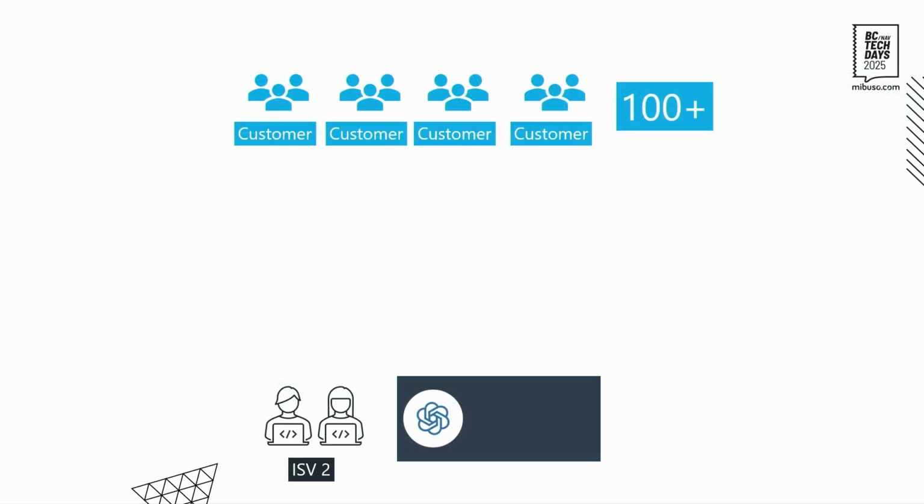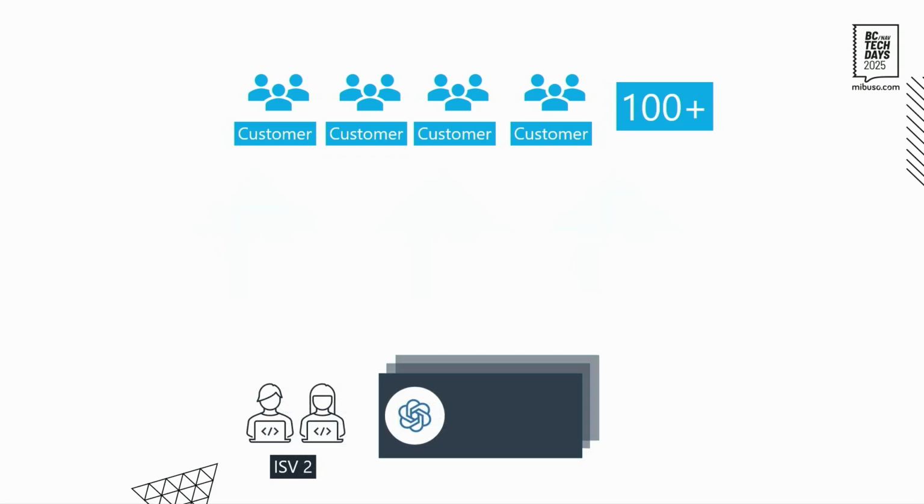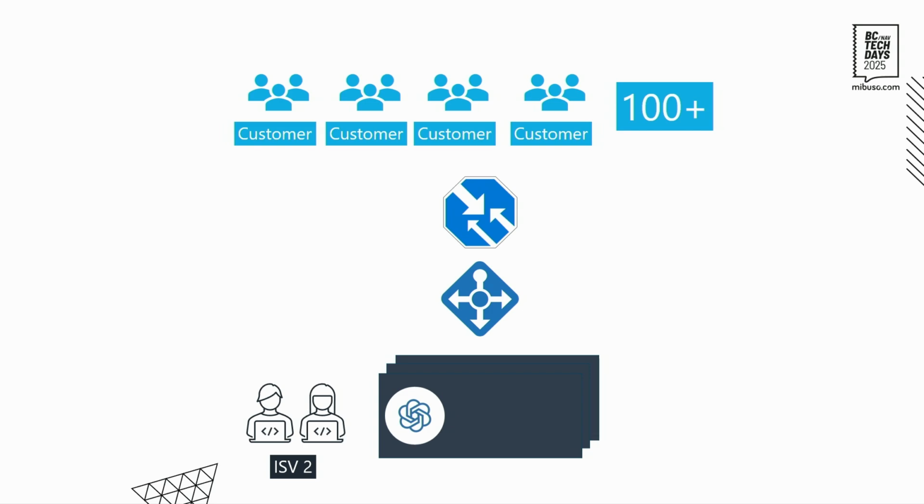Also, as an ISV, hopefully you have many customers, but maybe you only have a single Azure OpenAI subscription for your features. That means you need to distribute the consumption to each of the customers, and that is a bit tedious as well. And hopefully you scale even more, which means you might need to manage a lot of traffic. So you need to manage the Azure load balancer and traffic manager and regional instances, etc. By using the BC AI resources, you get rid of all of that complexity.